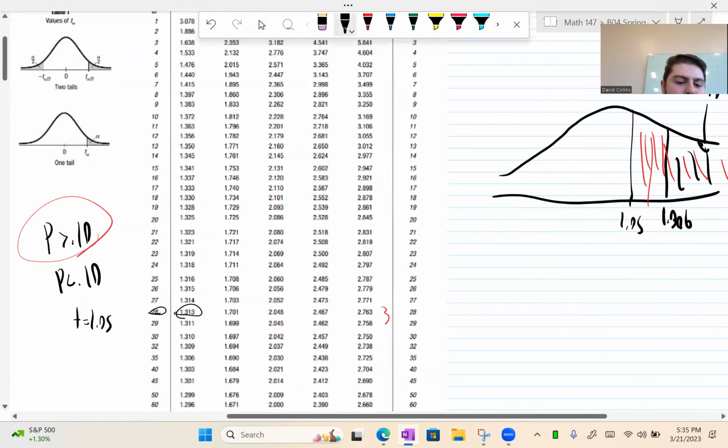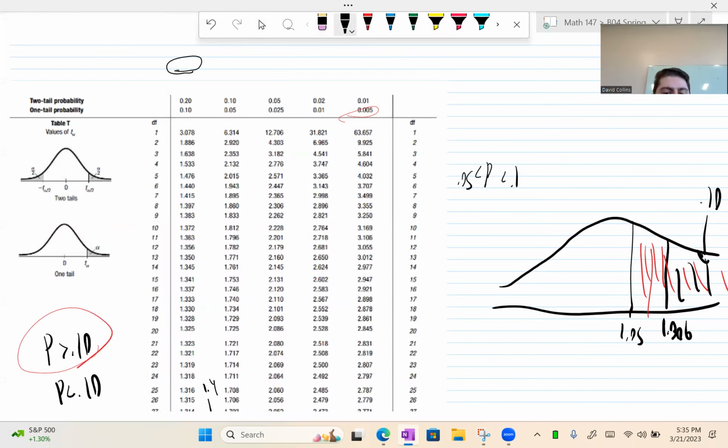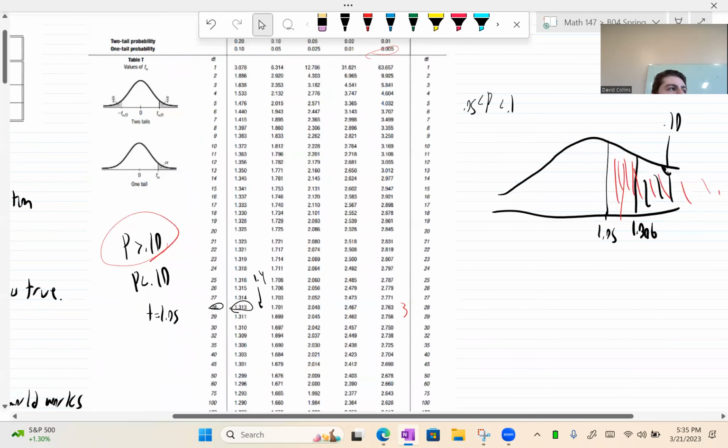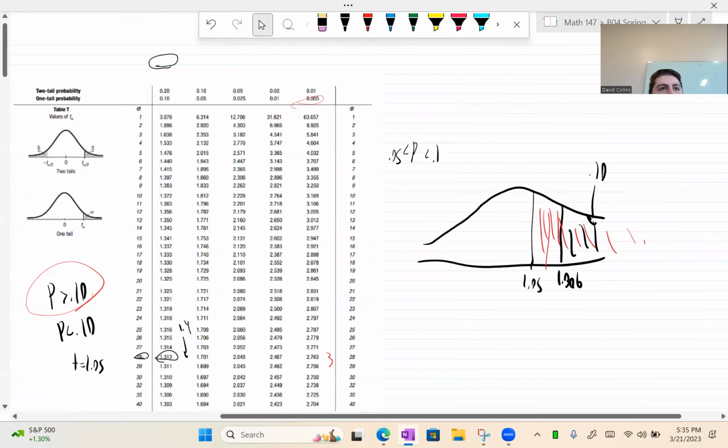Like if you have, let's say 1.4 right there, you say p is between 0.05 and 0.1. Does that make sense?